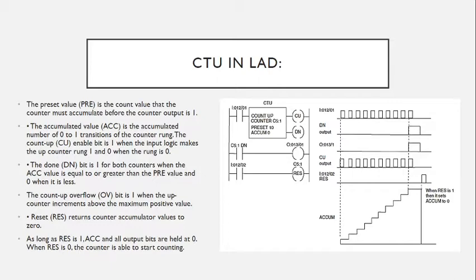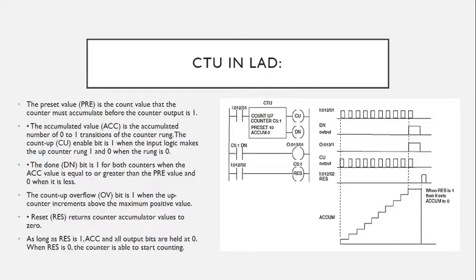And for reading from the book, these are the facts that are associated with this counter. The book says the preset value is the count value that the counter must accumulate before the counter output is 1.